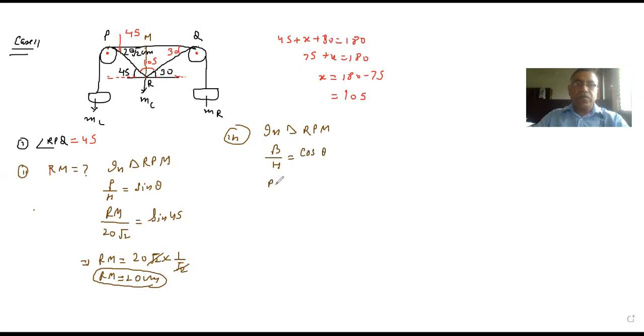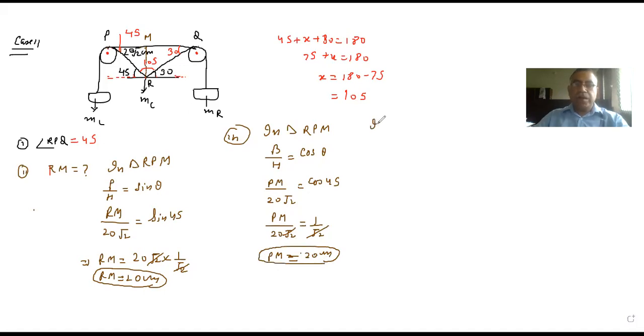So base, I want to find out. Hypotenuse is 20 under root 2 times cos 45. Cos 45 is 1 over under root 2, cancel. PM is equal to 20 centimeter. The value of PM is 20.